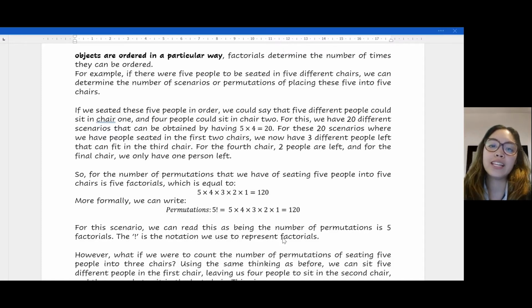So altogether, it is 120. So the permutations of 5 people sitting in 5 different chairs is 120, so 5 factorial. And it is represented by this here. This exclamation mark is in fact the notation or the symbol that we use for factorials.